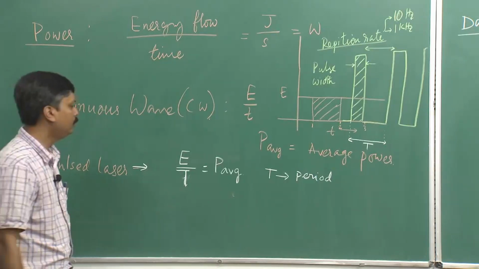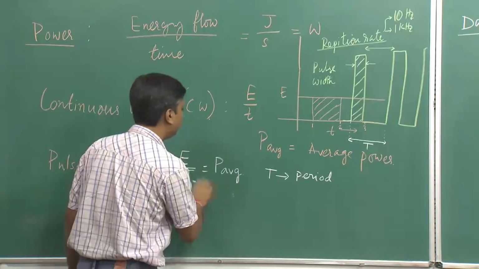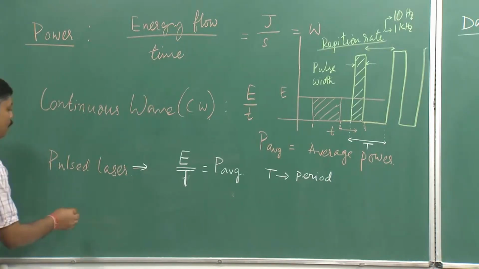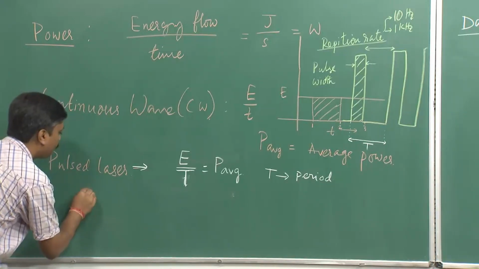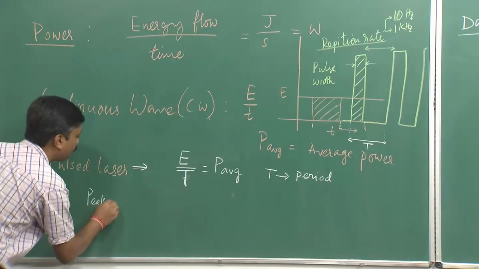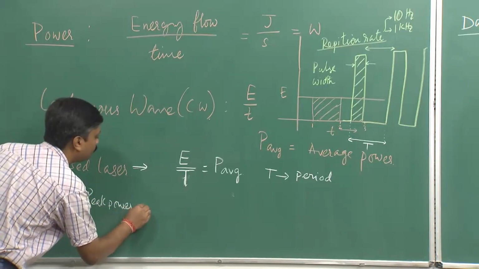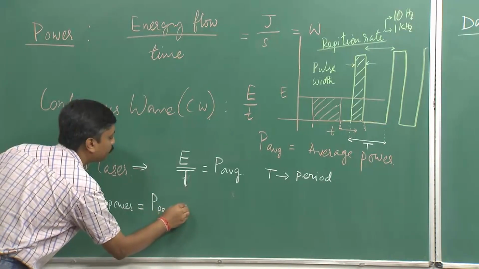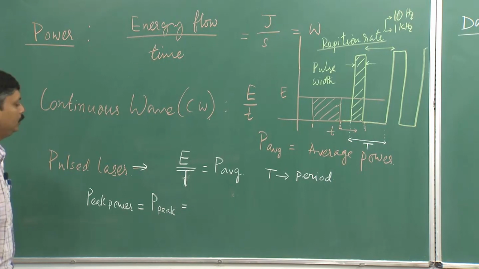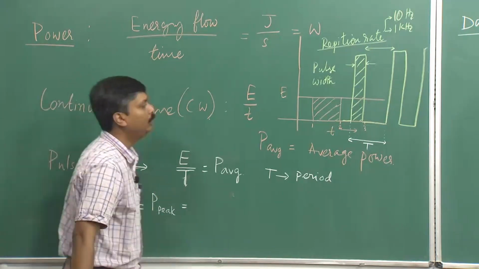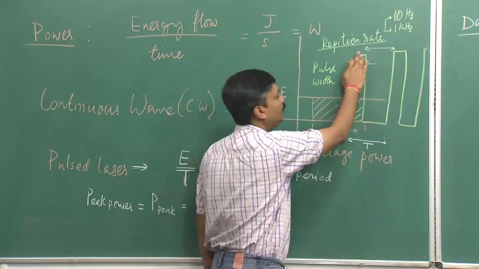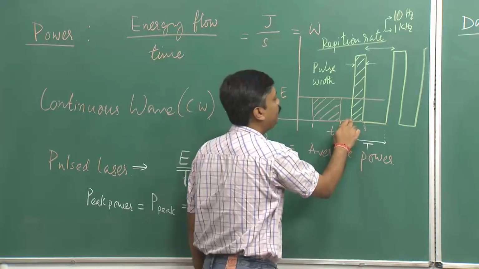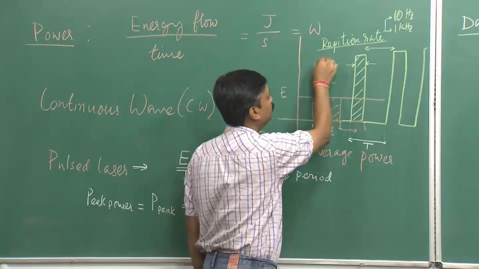All right. So, for a pulse laser, this is the average power. And then what is the peak power? Let us call it P peak. This peak power is the total energy over a period of time given by this pulse width.